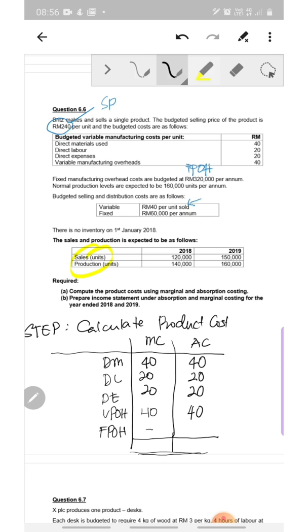We take fixed FPOH per year divided by normal units production. So in this question, 320,000 divided by 160,000. Okay, so the answer is 2. 120 and 122.